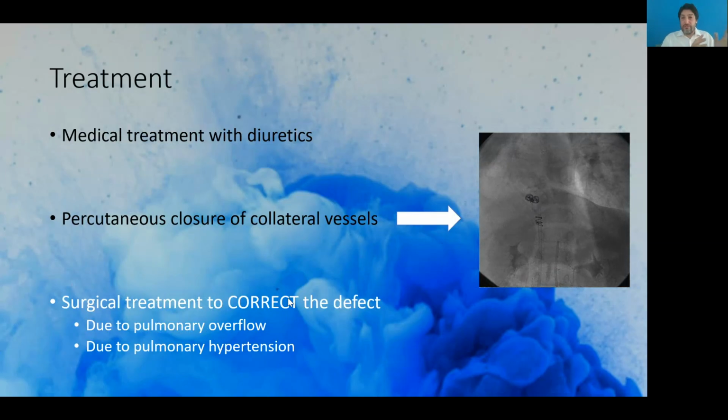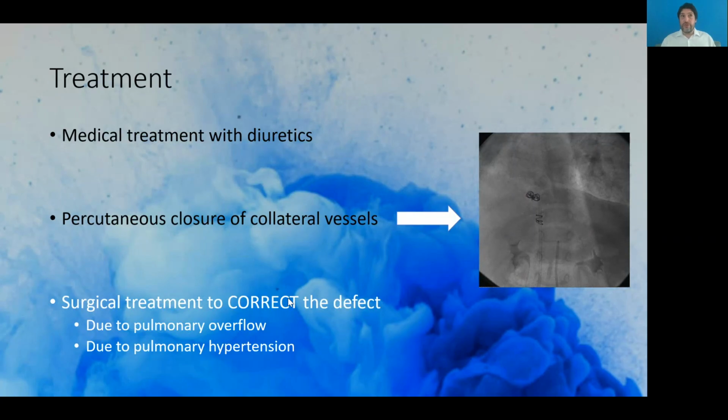There are two main reasons behind sending a patient to surgery. First, some patients suffer from pulmonary overflow, and that is no good. So it is good to reconnect the pulmonary venous return to the left atrium. But others, as usually in the adult presentation, do not present severe pulmonary overflow, sometimes mild or even moderate, but they tend to have a mild obstruction of the drainage of the scimitar vein into the IVC.